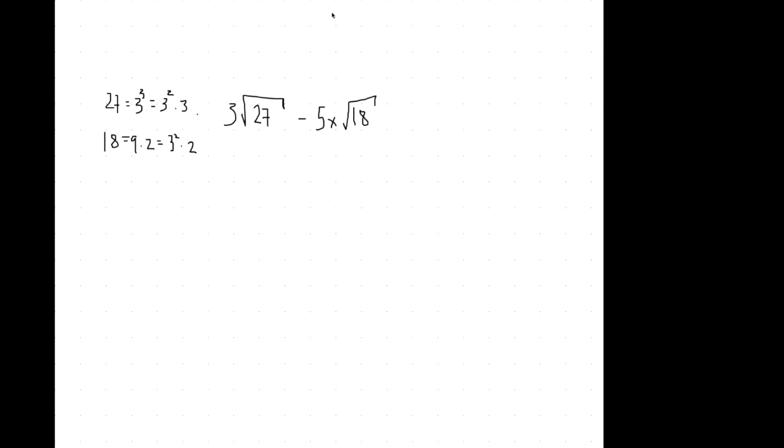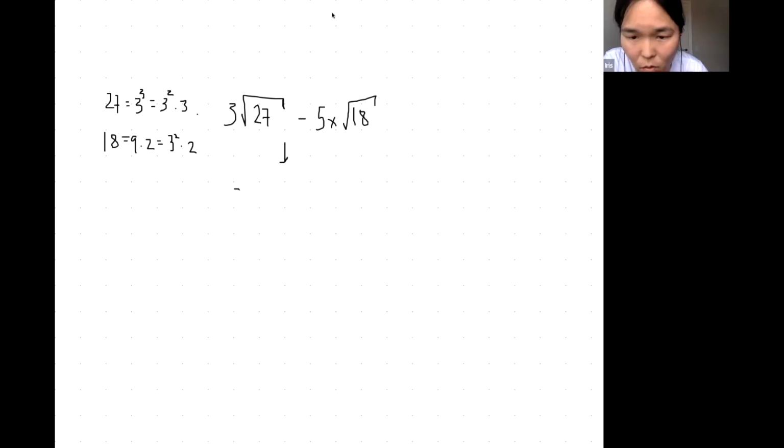So this guy becomes 3 times the square root of 3 squared times 3, minus 5x times the square root of 3 squared times 2.